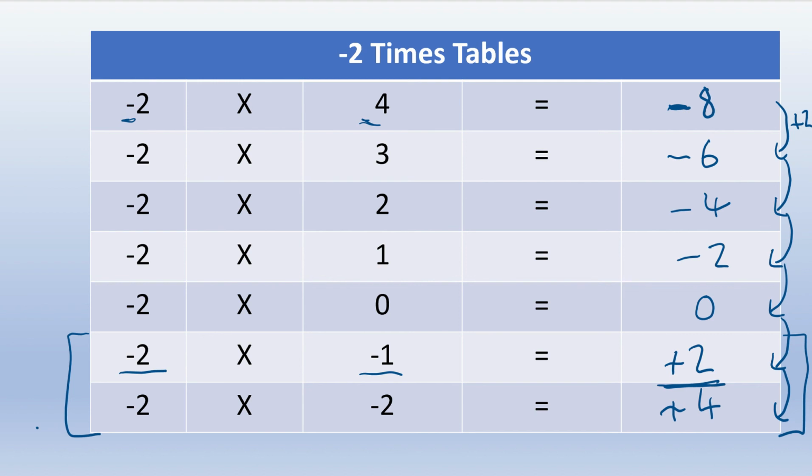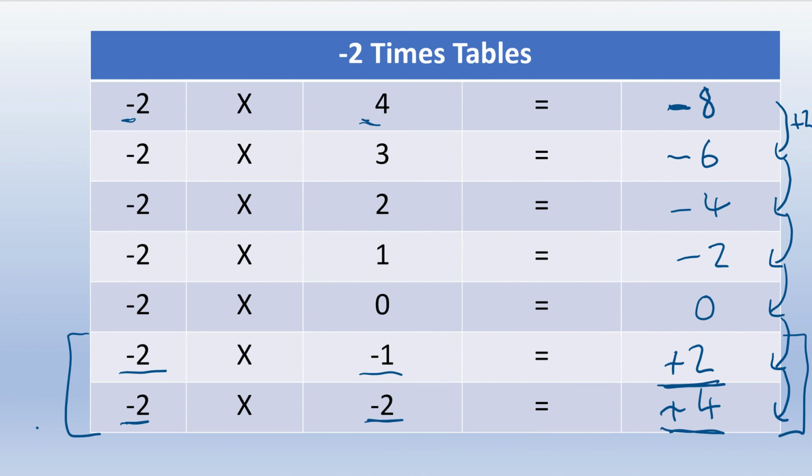The same thing happens when we have a negative 2 times negative 2. We get a positive answer. And that will hold true for any of your times tables or any multiplication question that you have where you've got a negative number multiplied by a negative number.